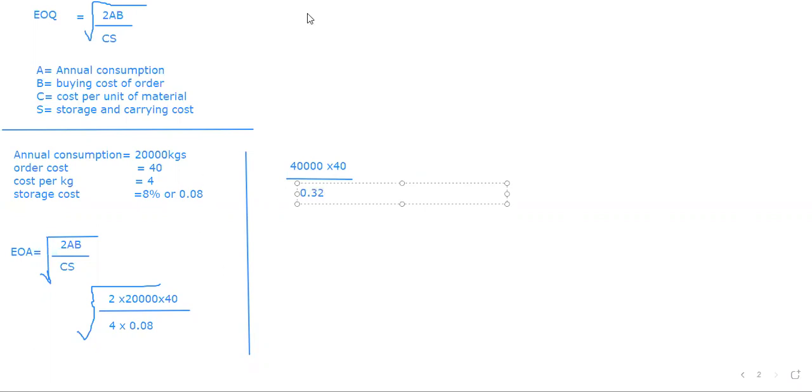And here I'm going to take a root. So 40,000 into 40 is going to be 16 lakh, divided by 0.32. Now I need to use my calculator.